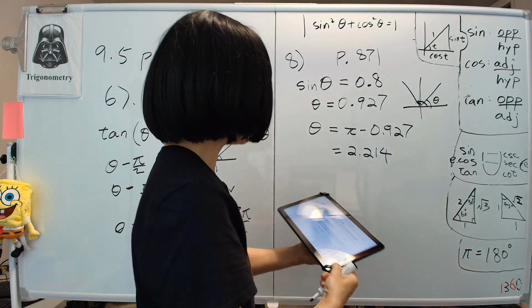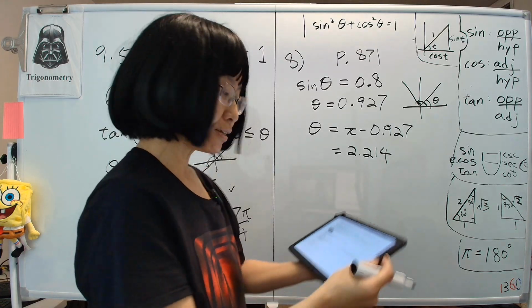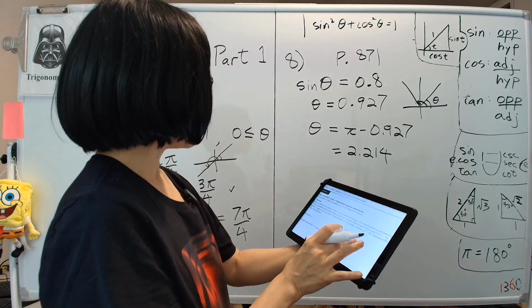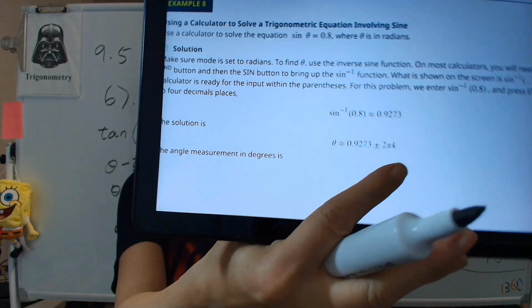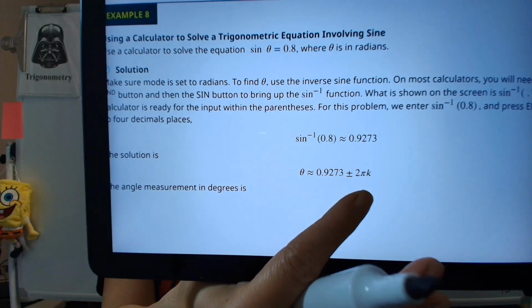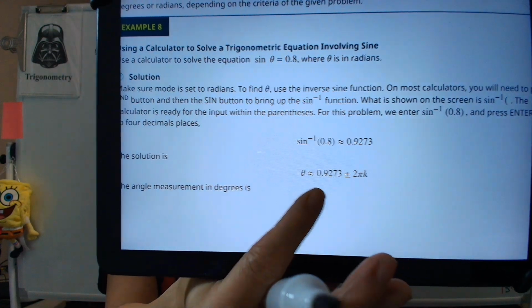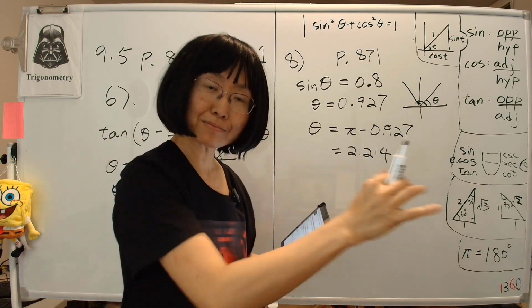And of course, if you want to accept all other values as well, then you take 0.927 and add plus or minus 2 pi k, where k is any integer. That is 1, 2, 3, 4, and that just means you spin around every single time, and then you have an infinite amount of solutions.